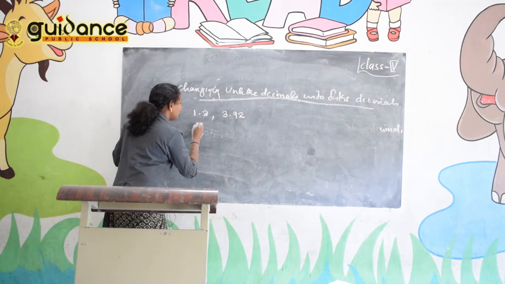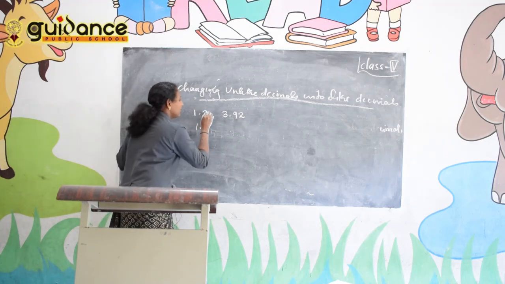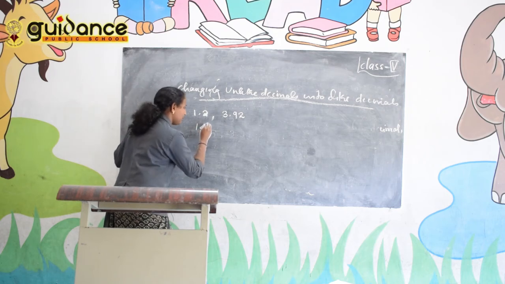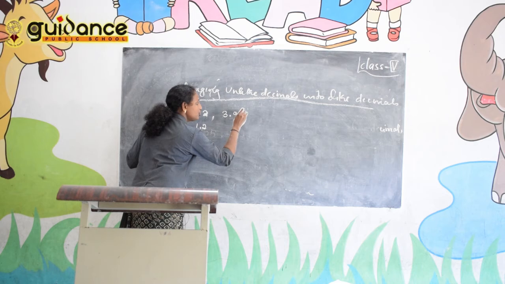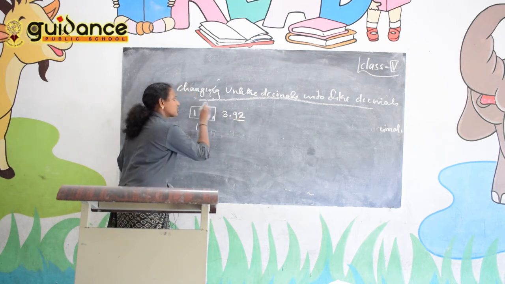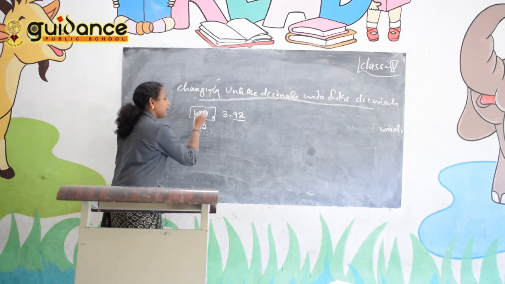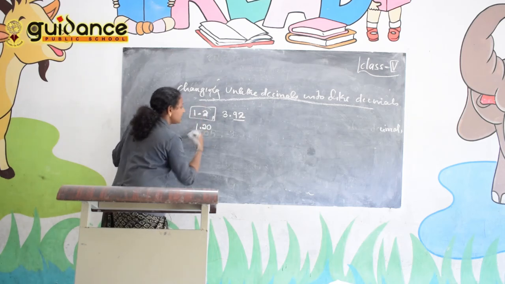So how will you convert? In 1.2 and 3.92, the second has 2 digits after the decimal point. That means we will maintain 2 digits after the decimal point, so 1.20.